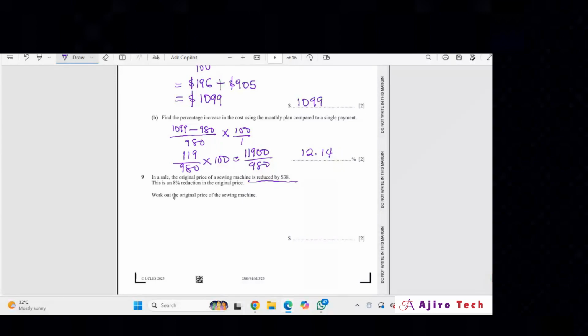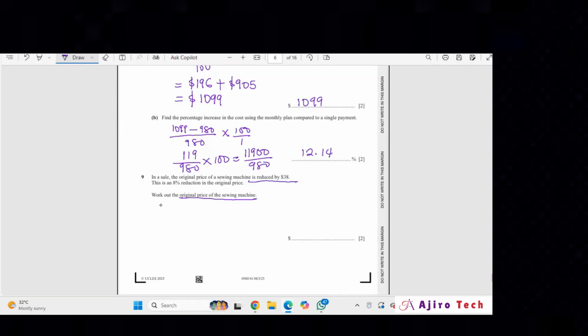This is an 8% reduction in the original cost. Very easy. Now what I'm asking is this: work out the original price of the sewing machine.